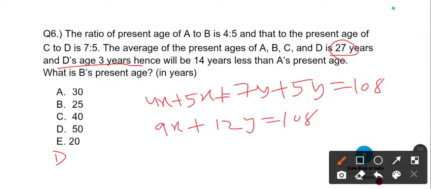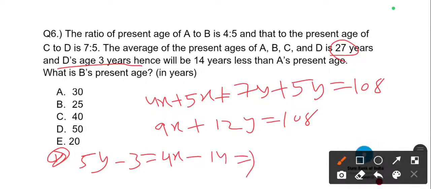D minus 3 means 5y minus 3 equals A, which is 4x minus 14. So from this we can get 4x minus 5y value will be 17.